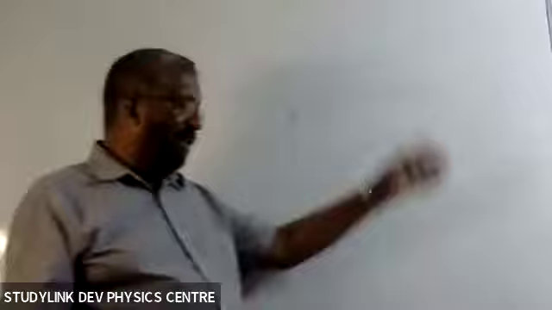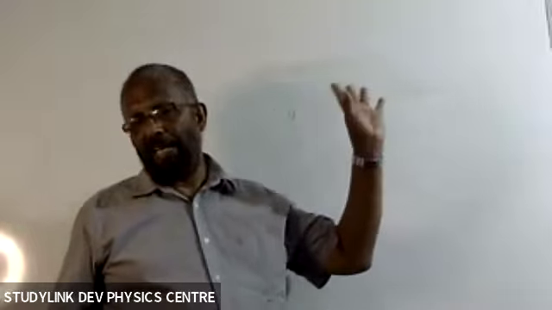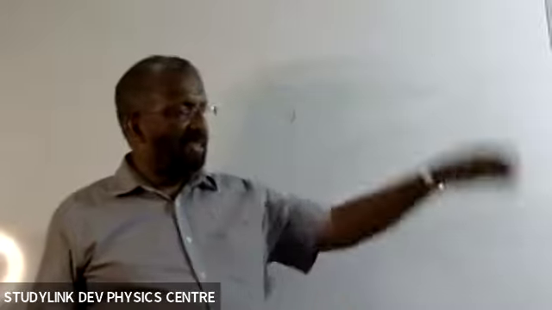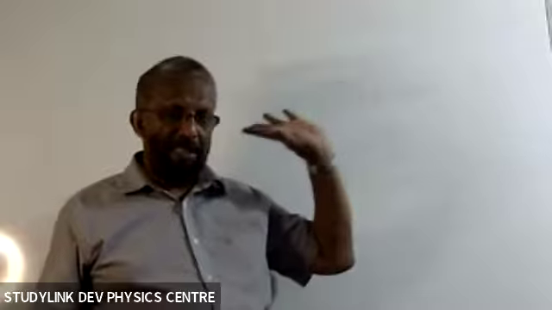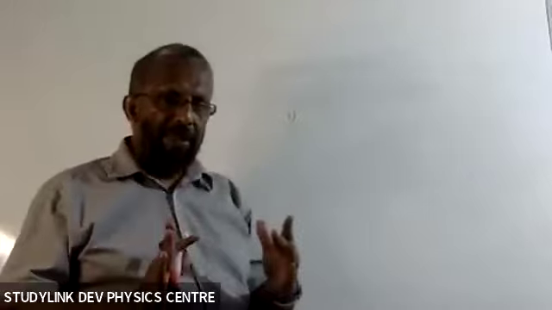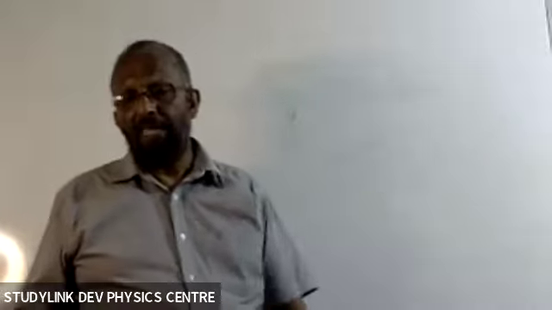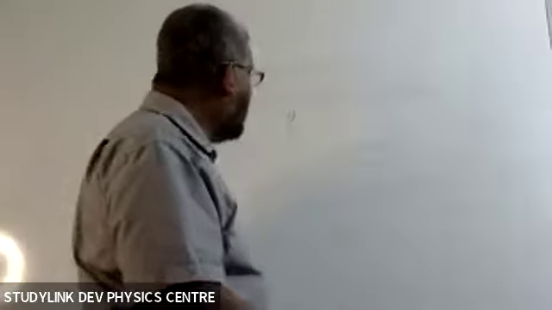If we say a distance of 5 kilometers, we can draw a certain straight line for 5 kilometers. Then we have to get a scale and write: 1 centimeter is 1 kilometer. Then for 5 kilometers, 5 centimeters. Like that, we can reduce the length.